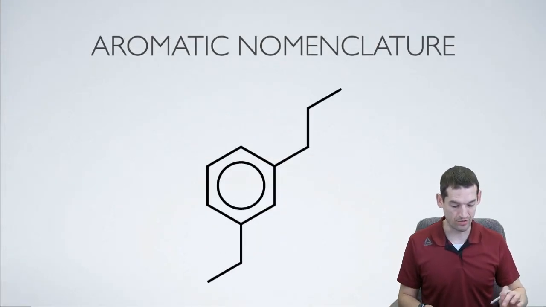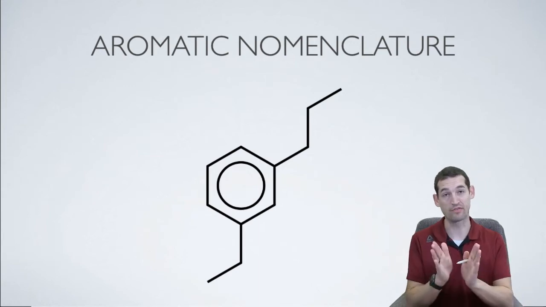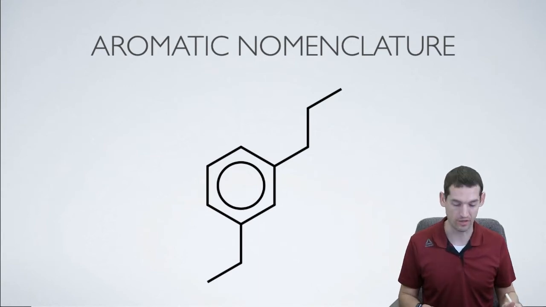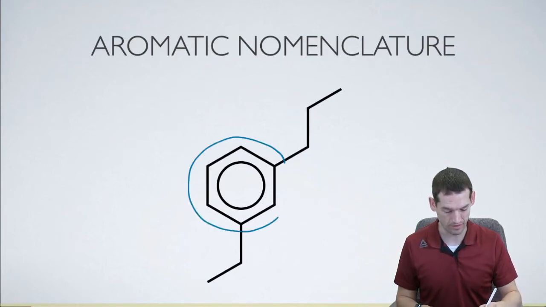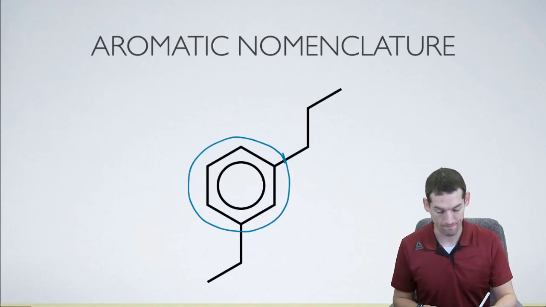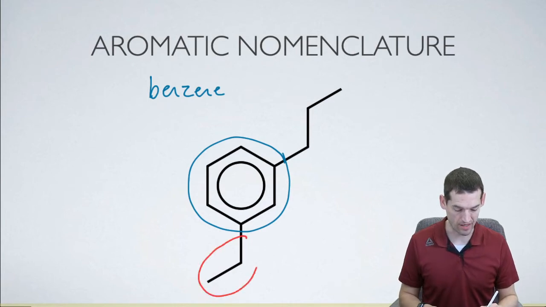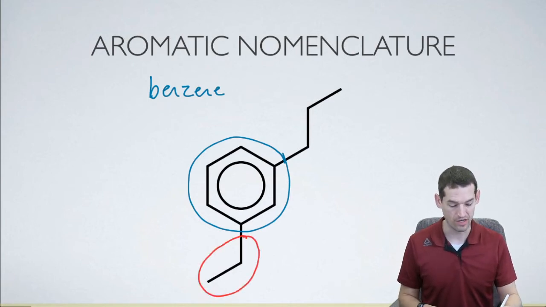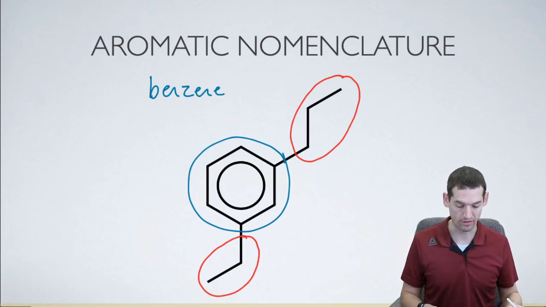And very similar, the reason we need to number is because if we have branches, they don't have to be next to each other. They could be spread out, like in this example. So on this one, benzene is still my parent. But now I have 2 different branches. I have an ethyl, a 2 carbon branch, and I have a propyl, a 3 carbon branch over here.